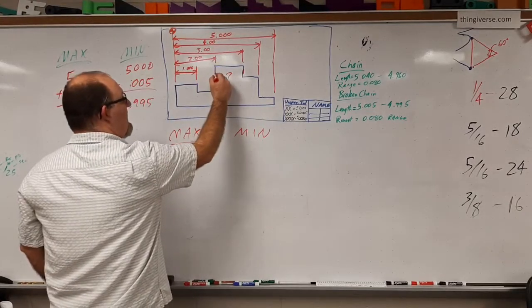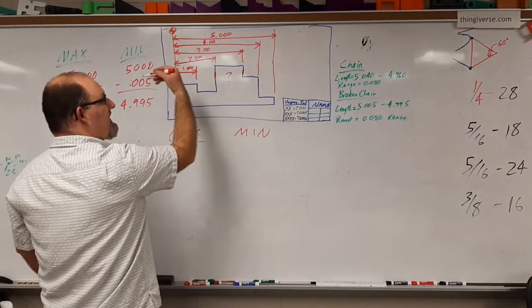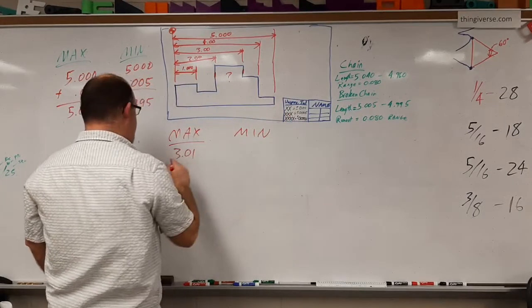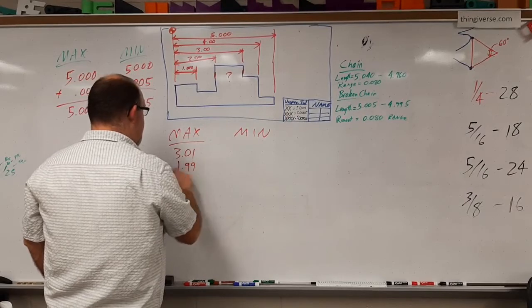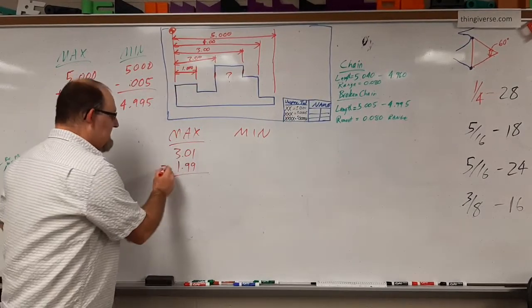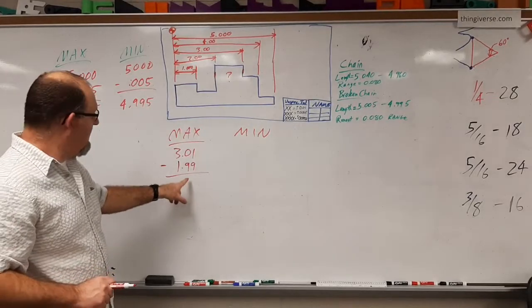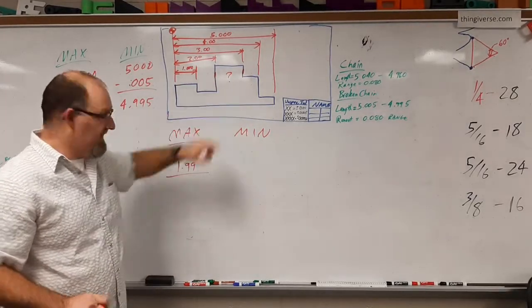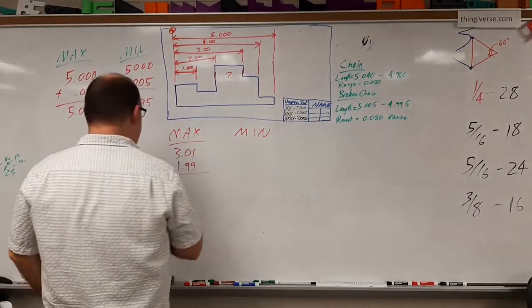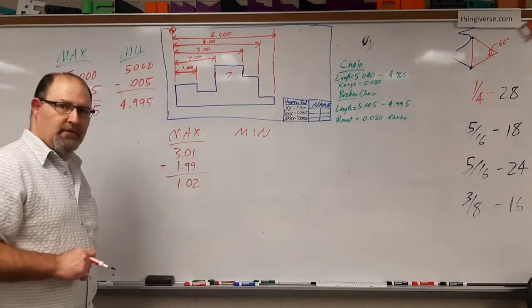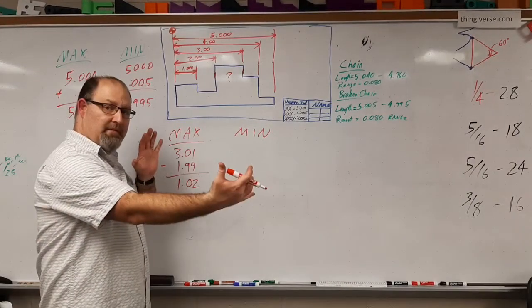This edge right here, we would take as far as we could this way, which would be the 2.00 minus the unspecified tolerance, which is 1.99. If we were to subtract the 3.01 minus the 1.99, we would get the maximum width of this, which in our case would be 1.02. Okay, so that's the maximum it could be.